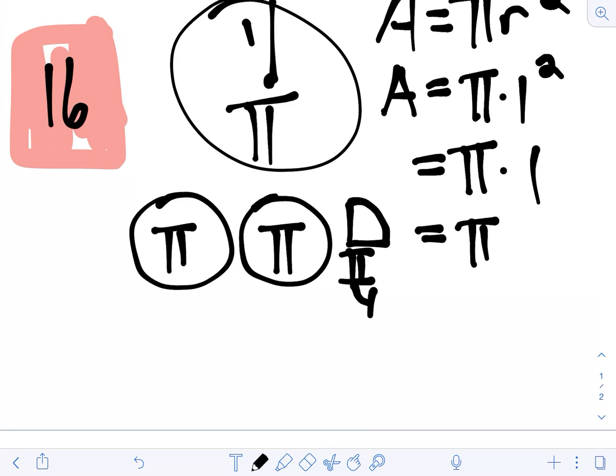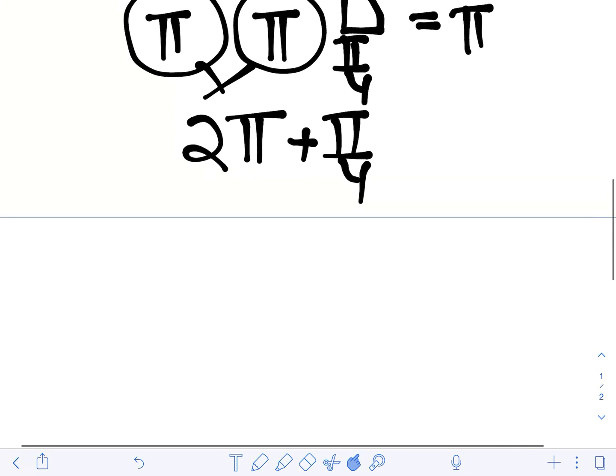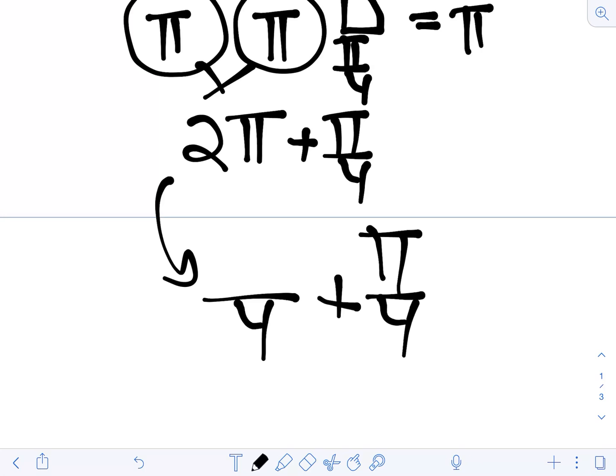So let's see, what's the area of all those put together? Well, these 2 make 2 pi plus pi over 4. I mean, we could just keep it like this. We could combine like terms by saying, hey, 2 pi, we need to have a denominator of 4, so I can combine it with pi over 4.